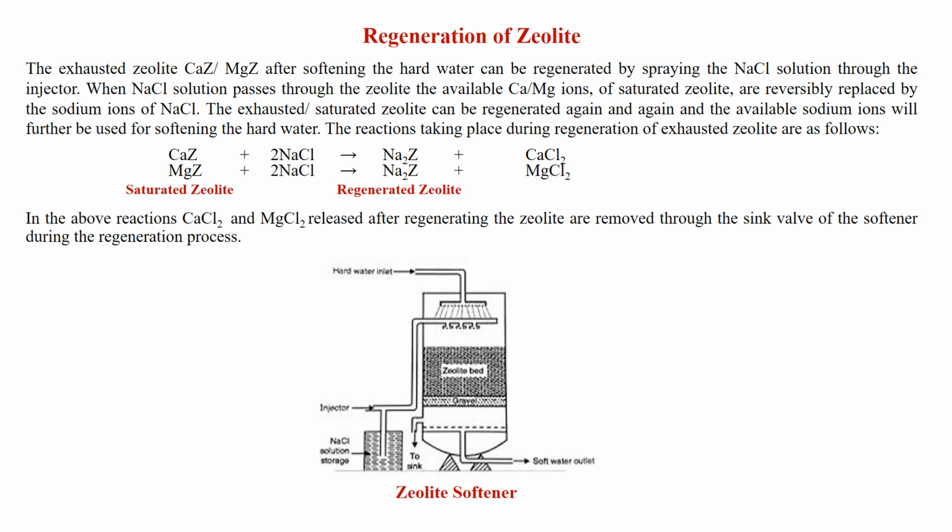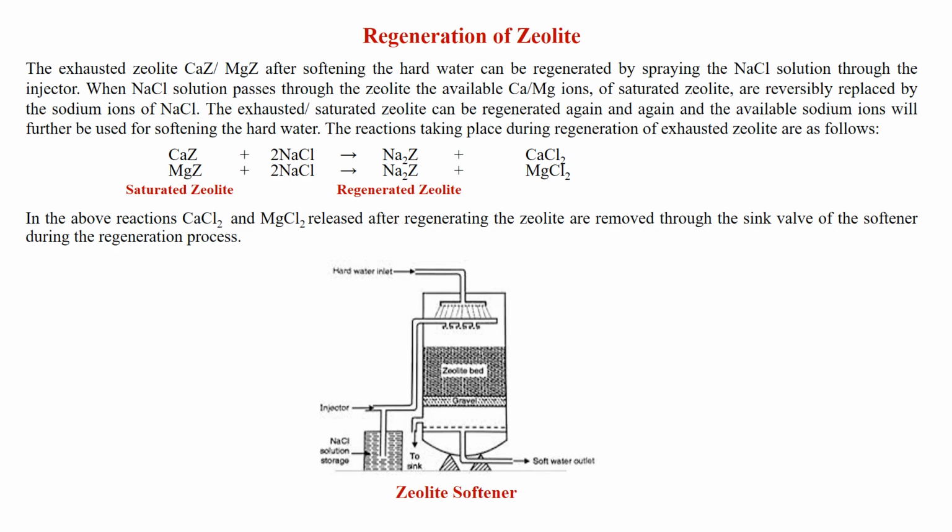The regeneration of the exhausted zeolite bed takes place, and the calcium and magnesium ions present in the saturated zeolite are replaced by the sodium ions of the brine solution, the NaCl solution, which has been sprayed over the exhausted zeolite.